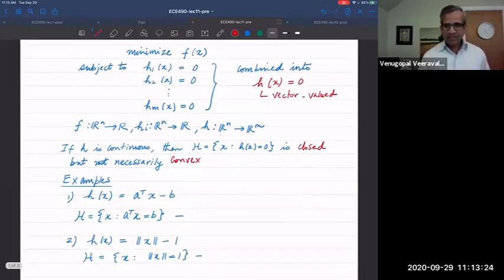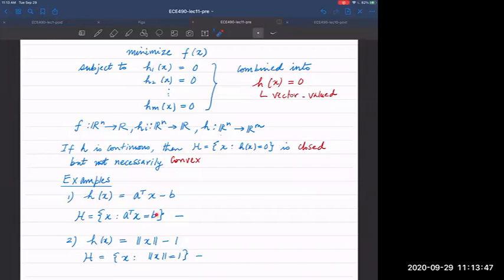And let's do some examples. If h(x) is of the form A transpose x minus b, so it's a linear constraint of this form, then under this linear constraint, the constraint set script h basically is when little h of x is equal to 0, which is A transpose x equal to b. What kind of set is this? Anyone?